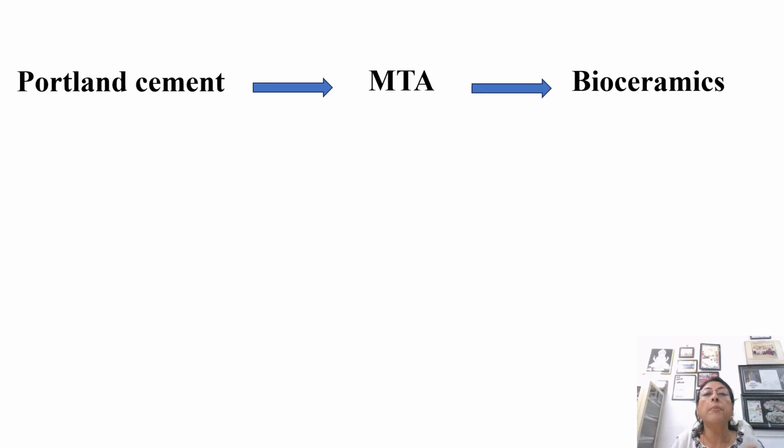He called it mineral trioxide aggregate, but in the truest sense, it is neither an aggregate nor an oxide. Why it was named so is probably a little debatable, but it was their invention and they named it so.